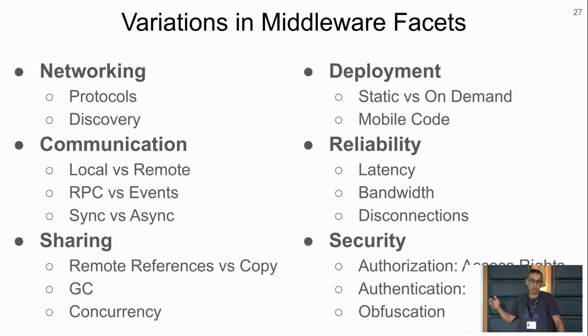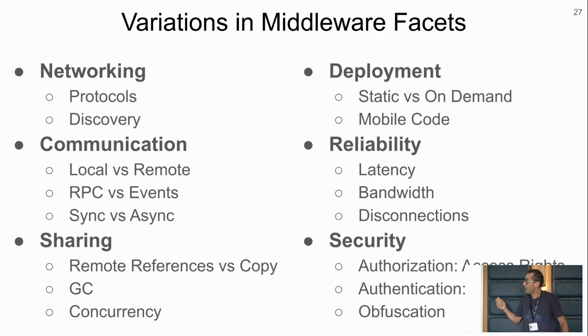For networking, you have protocols for how you encode and send data. We have discovery, how you know there is somebody there in the first place. Communication can be either local or remote. We are doing RPC, so basically we are sending a message to some target, or calling a procedure remotely.